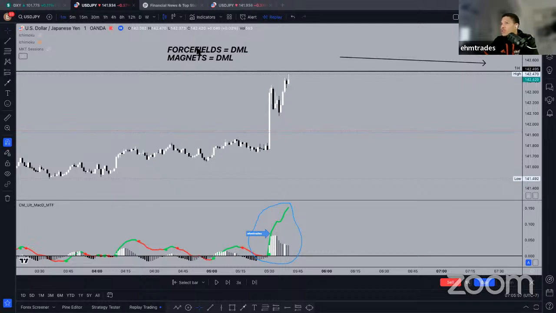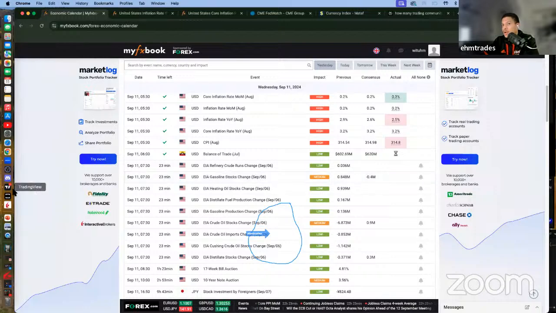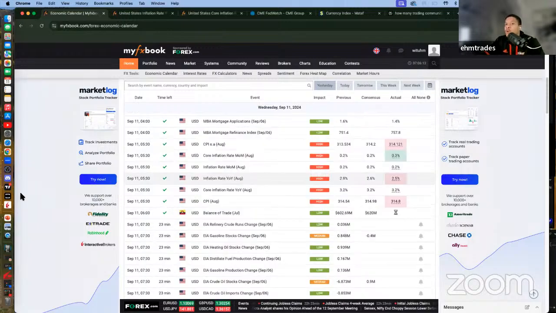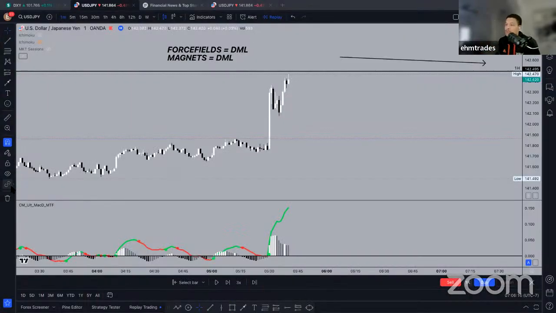Why? Because we're running into a force field. How do we know that? We're losing buyer's volume. How else do we know that? Because of news, right? Because we got news that did not support bullish movement. Even though core CPI is 0.1% better than last month, in my opinion, my sentiment, we did not get bullish news.